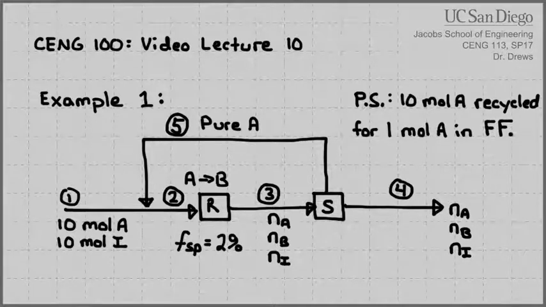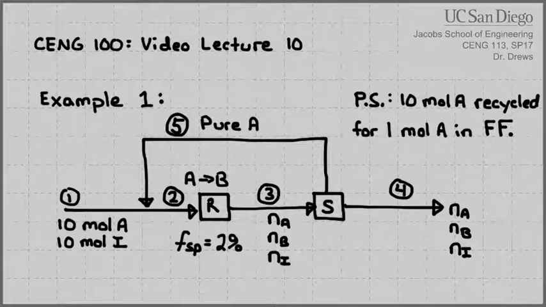So that's basically saying that our recycle stream 5 has 10 times as much A in it as stream 1 does. For every 1 mole of A coming in through stream 1, we've got the equivalent of 10 moles of A coming in through stream 5.